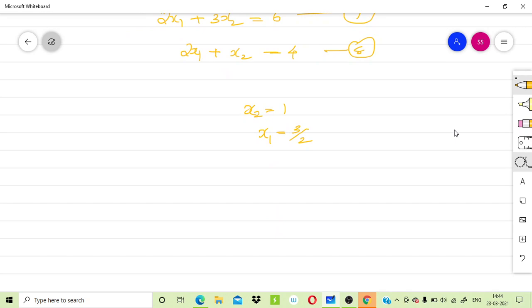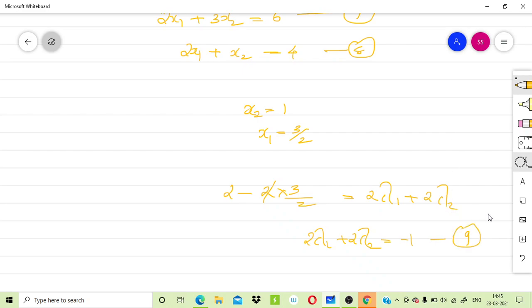We will get 2 minus 2x2, 2 minus 2 into 3 by 2, that's equal to 2 lambda 1 plus 2 lambda 2. Then that means 2 cancel, so minus 1 you will get. So 2 lambda 1 plus 2 lambda 2 equals minus 1.